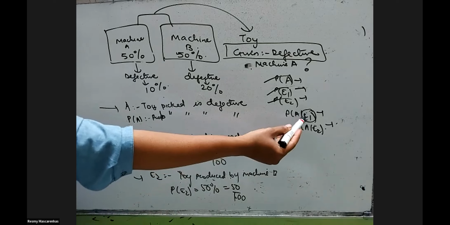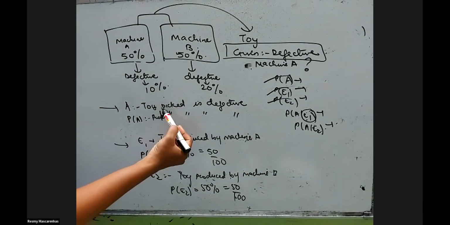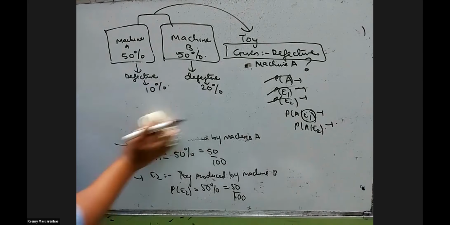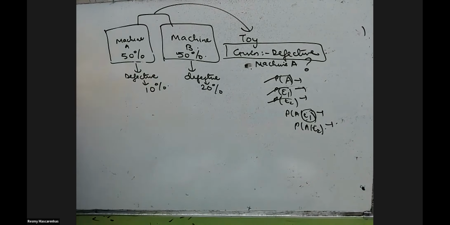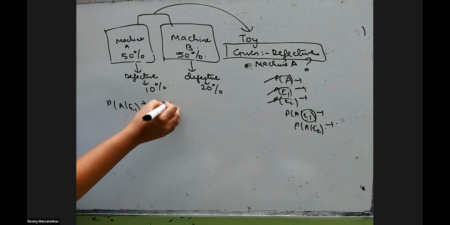You have to always start with the word given: given that the toy is produced by machine A, the probability that the toy picked is defective. This is given.